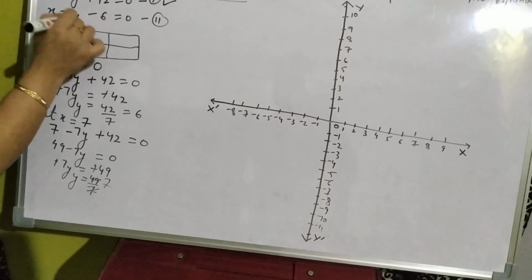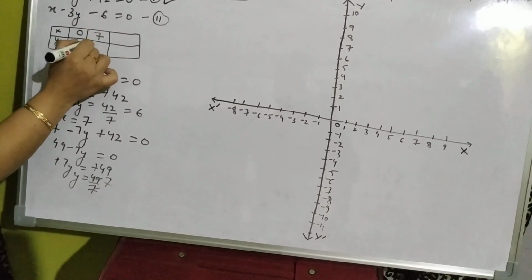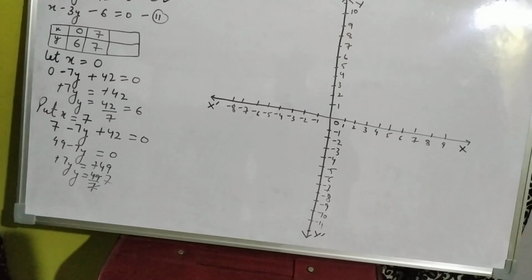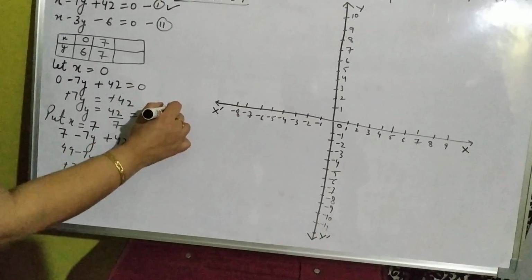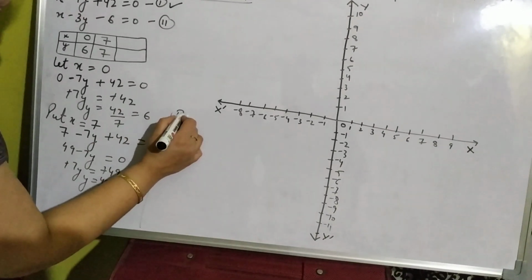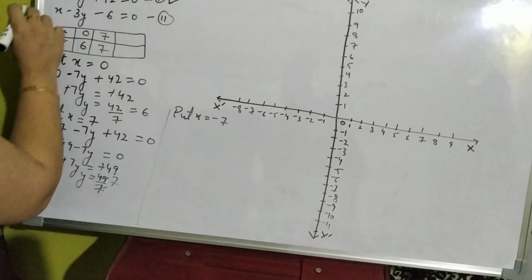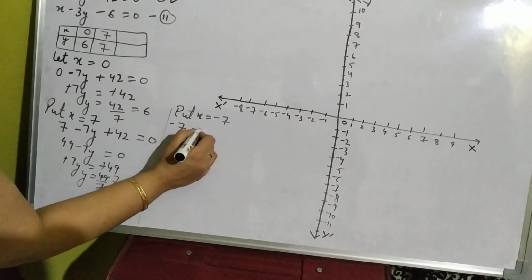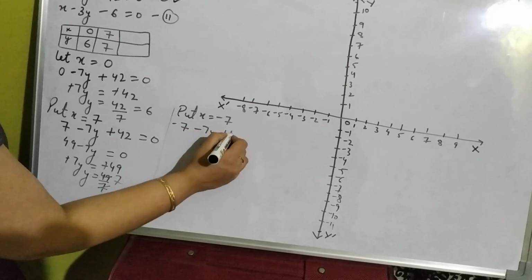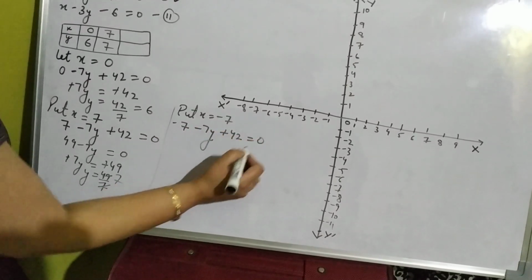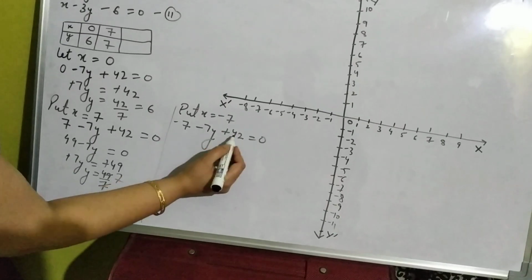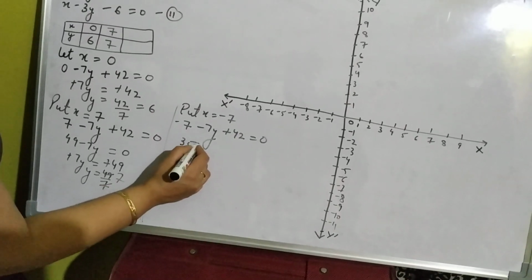So it means if you put x is equal to 7, the value of y is also equal to 7. Next, put x is equal to minus 7. Now minus 7 minus 7y plus 42 is equal to 0. Minus 7 plus 42 gives 35.